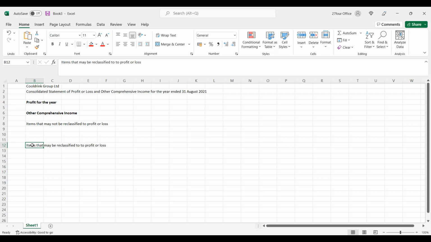So I can tell you now that a revaluation gain or loss on PPE, once it is disposed of, you are not allowed to reclassify it to profit or loss. So a revaluation in this example on land will fall under this heading because IAS 16 tells you it cannot be reclassified. Okay, so that is basically what you must be aware of. There may be some items also relating to financial instruments, for example, fair value gains in other comprehensive income.